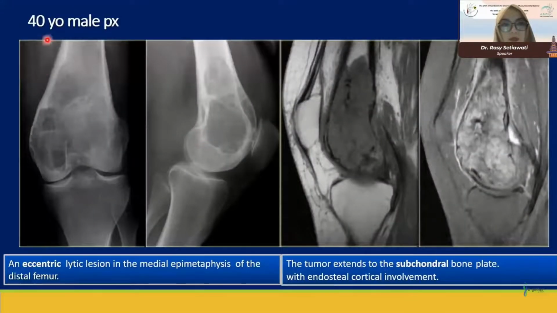And this is a 40-year-old female patient with an eccentric ill-defined lytic lesion in the medial epimetaphysis of the distal femur, and the MRI shows the tumor extending to the subcondylar bone plate with endosteal cortical involvement.